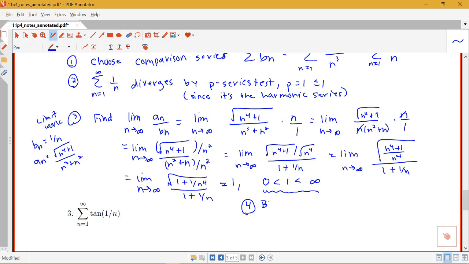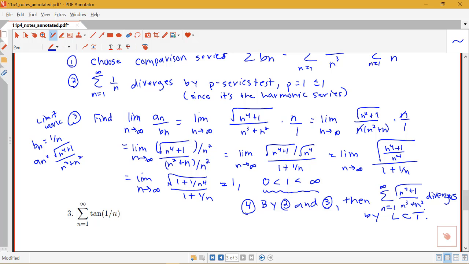Now we can say by 2 and 3, because the sum of 1 over n diverges, and because our limit as n goes to infinity of a n over b n is 1, then our original series must also diverge. So our sum from n equals 1 to infinity of the square root of n to the fourth plus 1 all over n cubed plus n squared diverges by the limit comparison test.